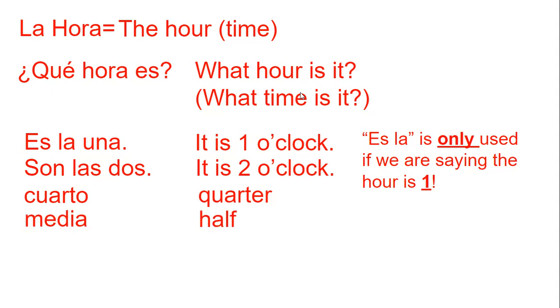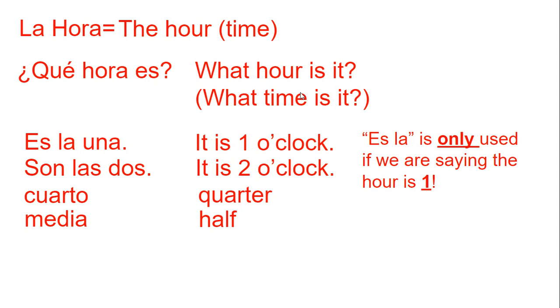Now be careful because a quarter of a dollar is 25 cents, but a quarter of an hour is only 15 minutes because there's only 60 minutes in an hour. So 1/4 of 60 is 15. Getting a little math review in here. And half of an hour is only 30 minutes, not 50, like half of a dollar is 50 cents.